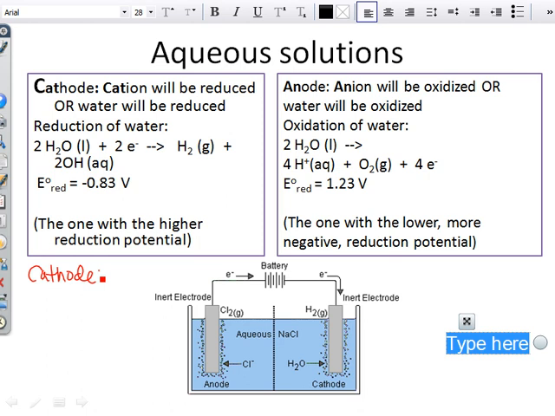Sodium or water. And we're trying to pick which one is high, of the two. So on the chart, which one is higher, sodium plus or H2O? Okay, so we're going to go with the H2O reaction. So at the cathode, we'll have 2 H2O plus 2 electrons goes to H2 plus 2 OH minus. That'll be our cathode reaction. Our voltage there is negative 0.83 volts.